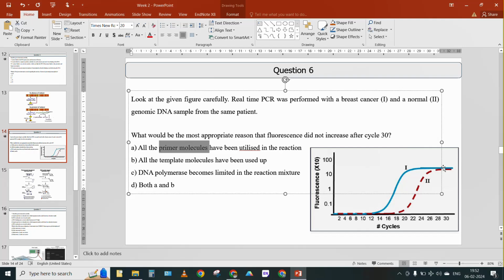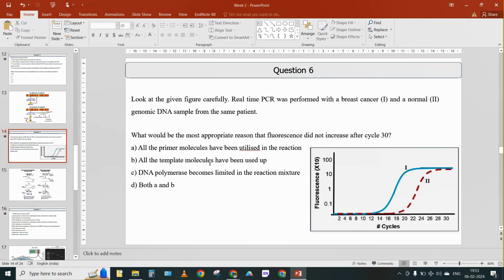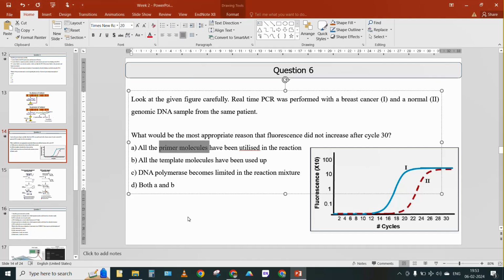That is why there is no increase in the fluorescence after cycle 30. So, got it? Template molecules, and primer molecules. The primer molecules are the primary things for the fluorescence in breast cancer and the genomic DNA samples.